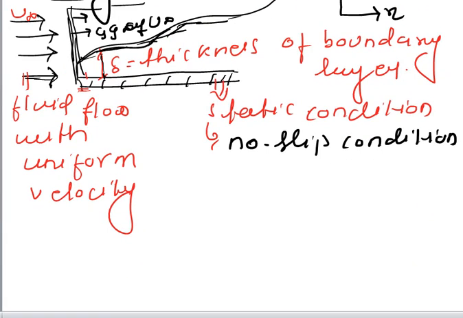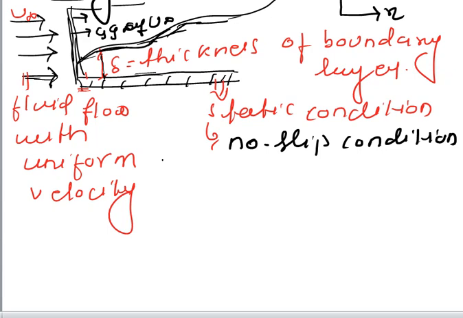Why is this occurring? This is occurring because there is a force acting in the opposite direction called shear stress. Shear stress is acting, hence the velocity is reduced in the x direction.